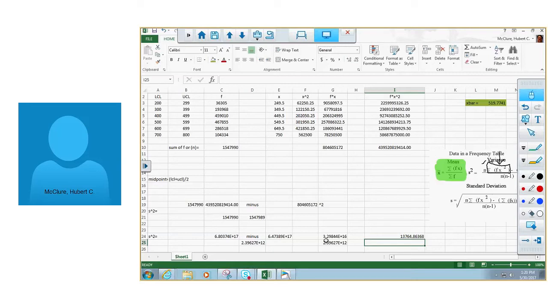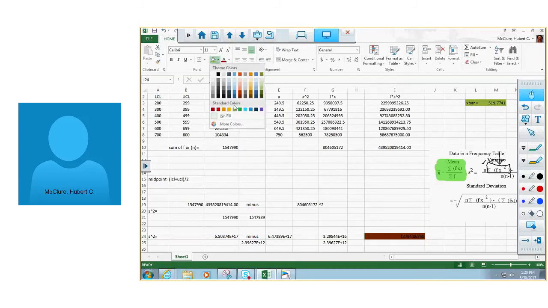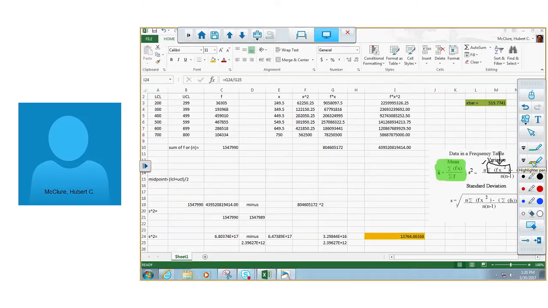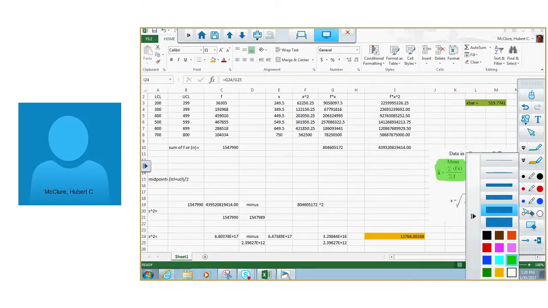So I'm going to color this a yellow. And we will color this yellow.